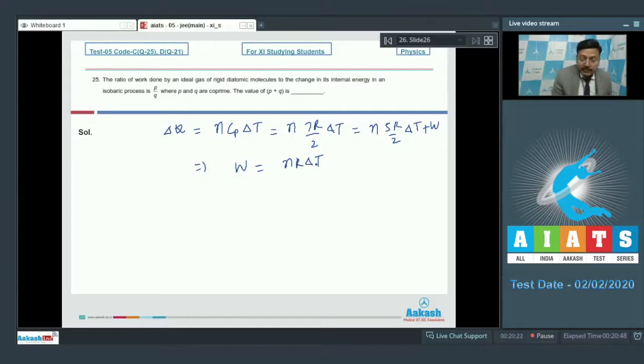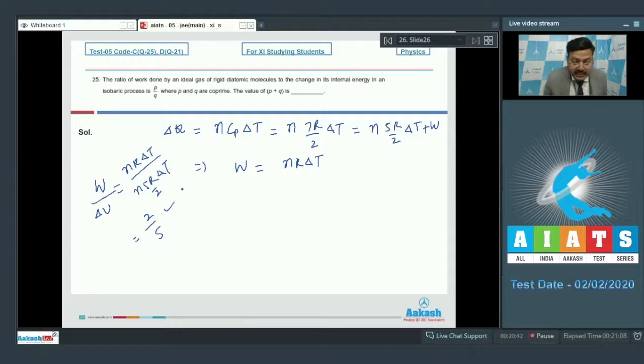So the ratio of work done divided by delta U will be nR delta T divided by n into 5R by 2 delta T. This is simply 2 by 5.